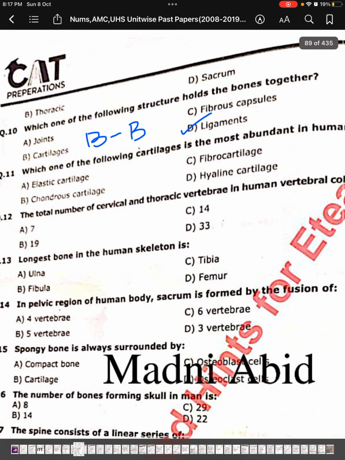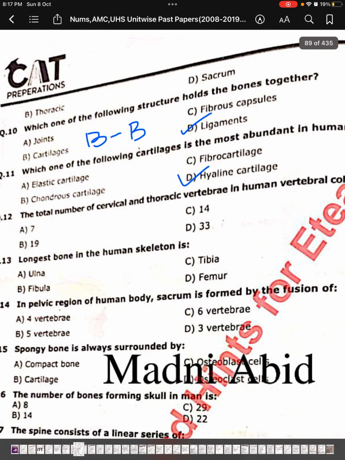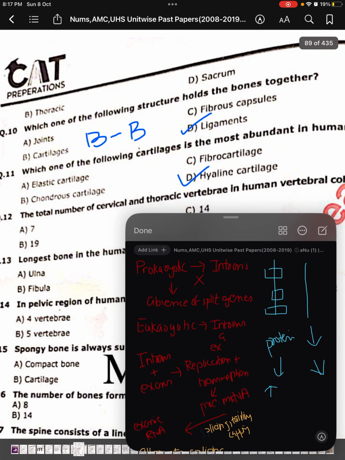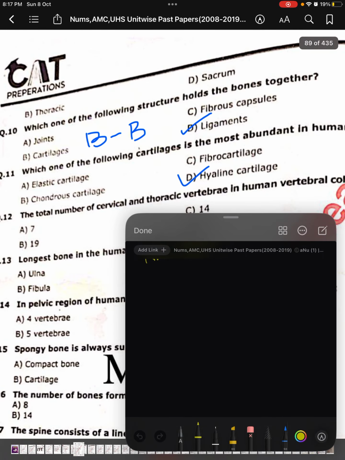Basically, hyaline cartilage is the weakest cartilage. So here, basically, we have three types of cartilages. Let me tell you.